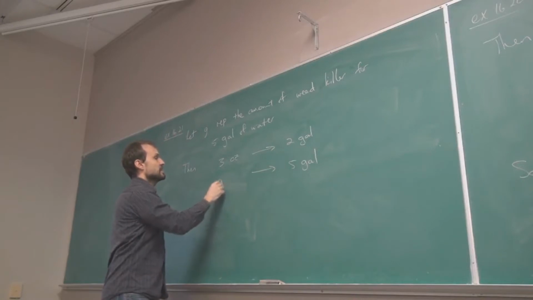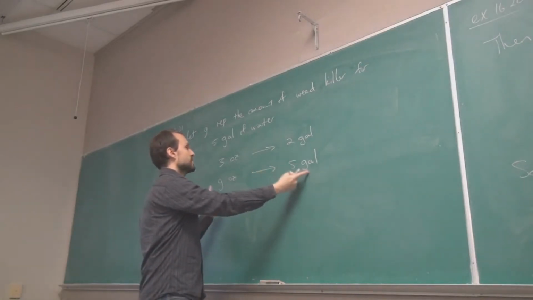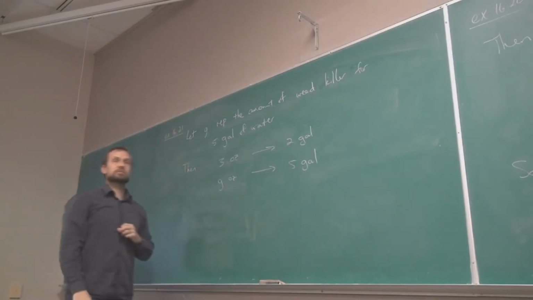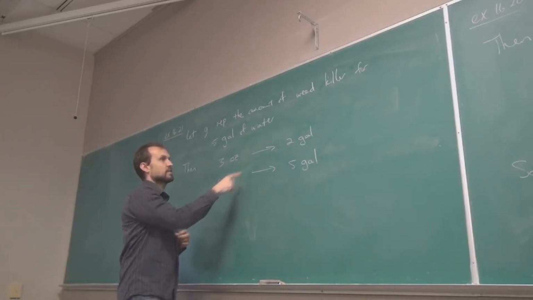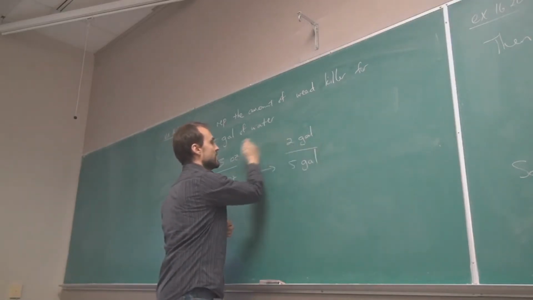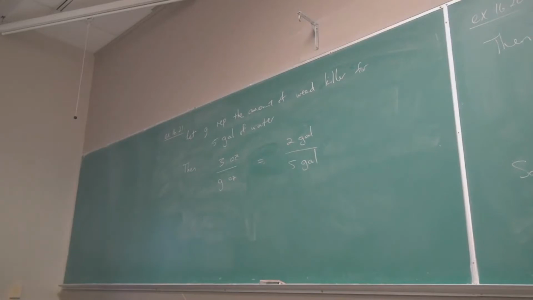And G, ounces of weed killer, correspond to that. You can't swap these. It has to have consistency, or your ratio equation won't be correct. If I'm doing ounces here, ounces there, gallons of water, then the ratio equation is extremely straightforward.